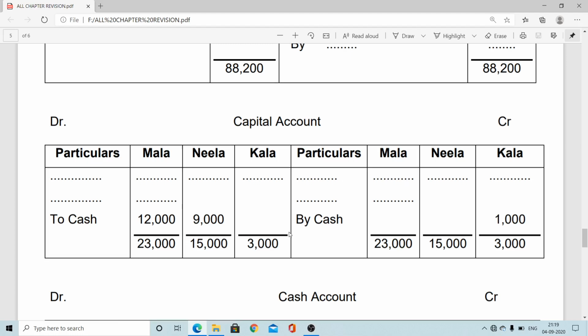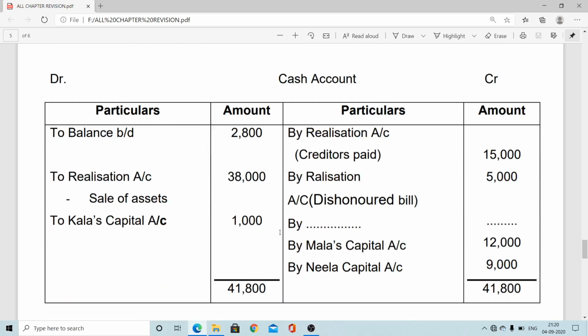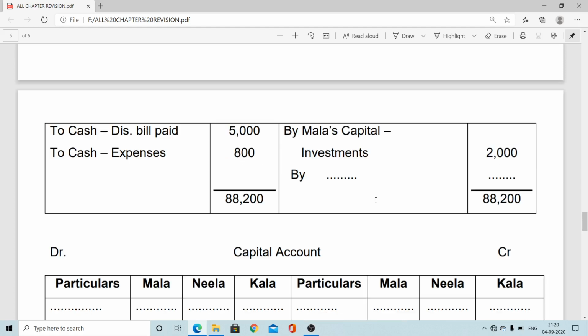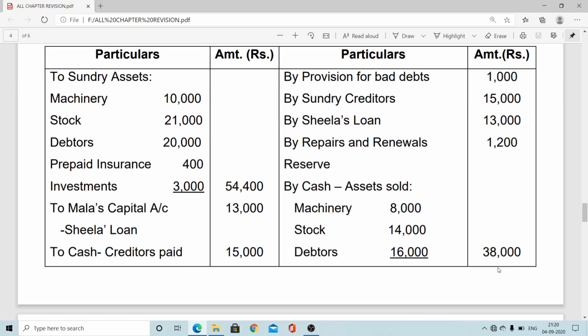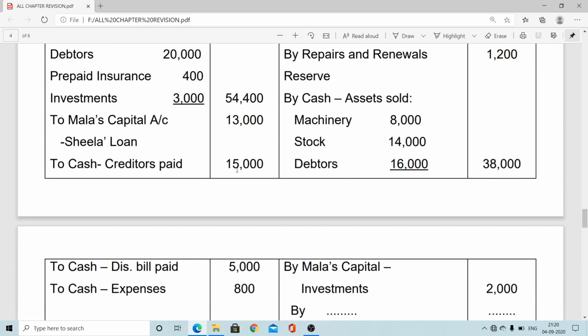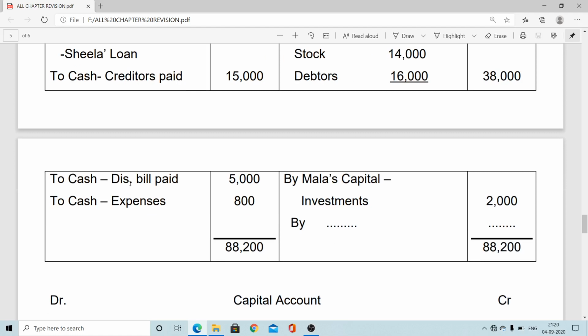Afterward it is easy to find the cash. All cash items are provided here, like to balance b/d, balance c/d will not be there, and the realization as well as capital related items are also provided. If you check realization, by bank there is by cash or bank, this is a recovery of 38,000. On this side also in the same way, you can see cash paid to creditors as well as cash dishonored bill paid as well as expenses paid.